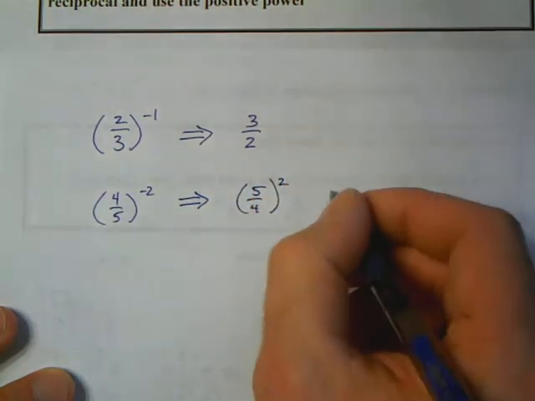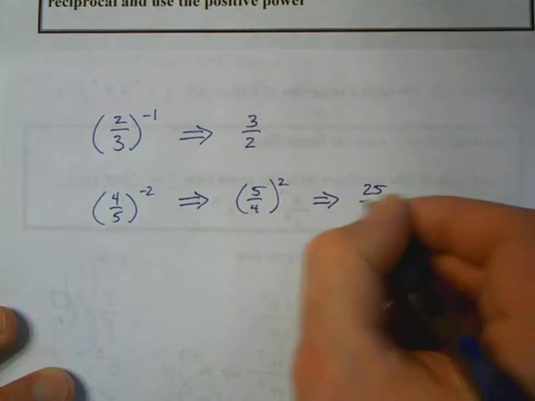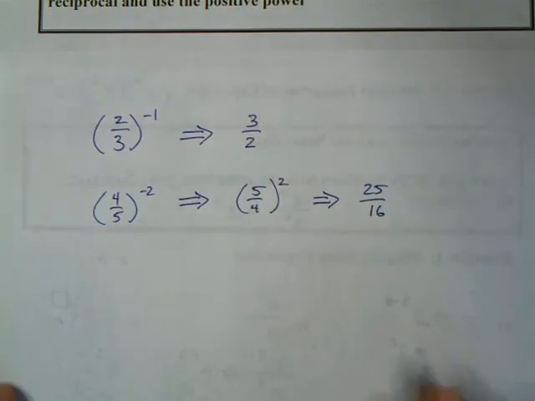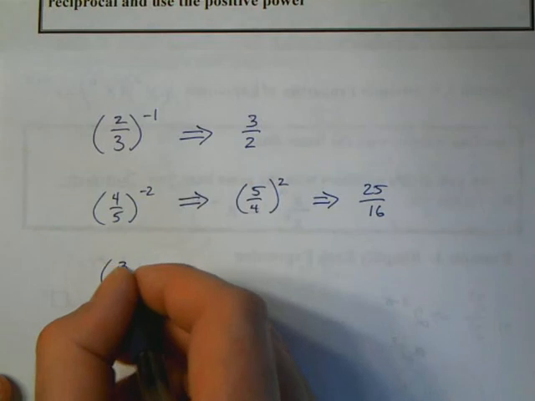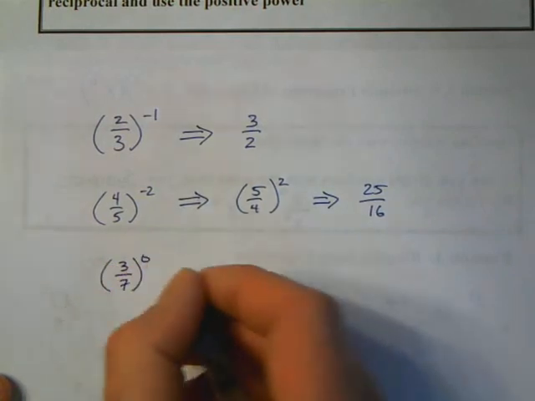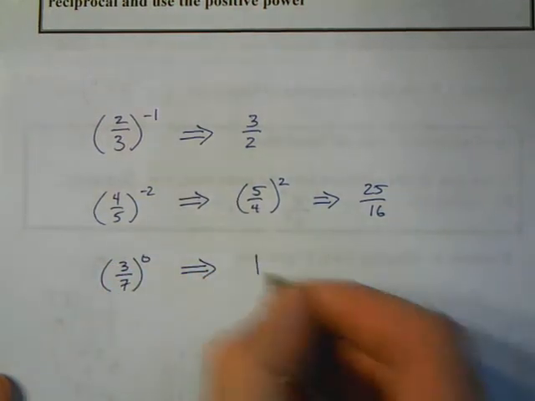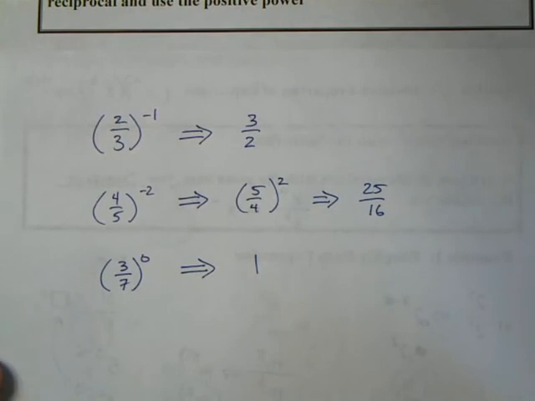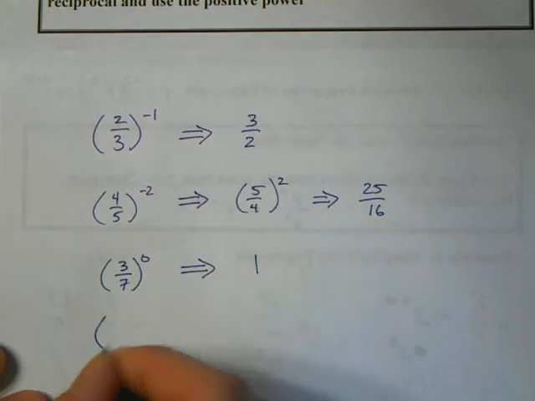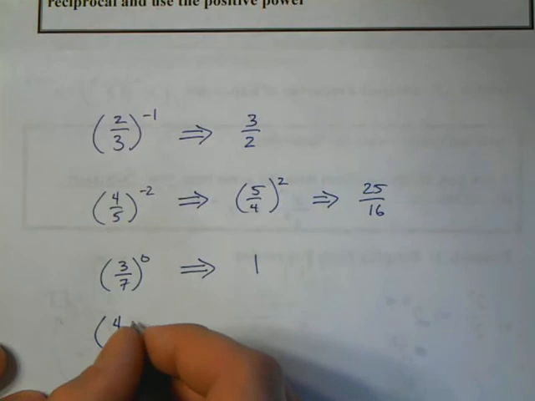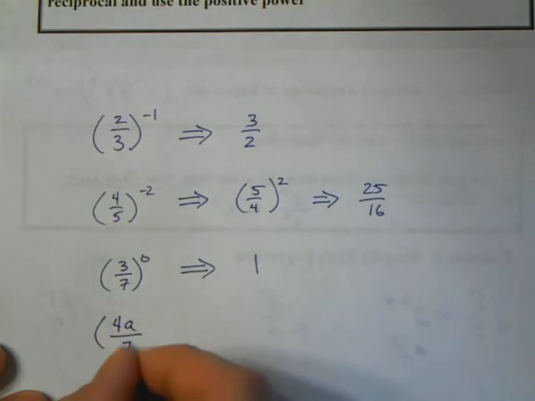Take the reciprocal, that's 5/4 to the +2, which will be 25 over 16. I hope you're getting the idea. Let's look at this one. 3/7 to the 0. Do you remember that anything to the 0 equals 1? Not really related to this thing, but it's a good review.